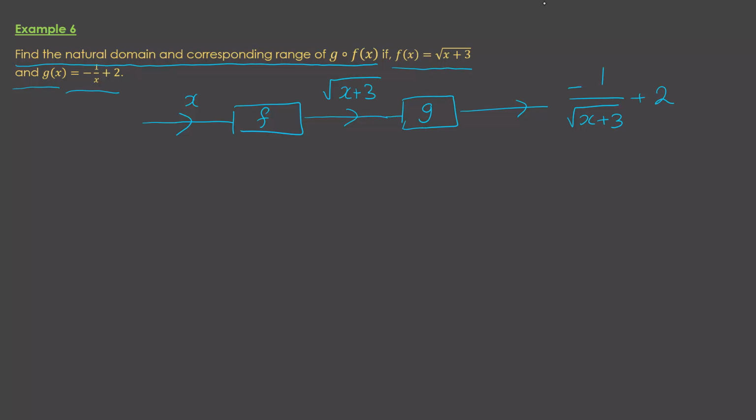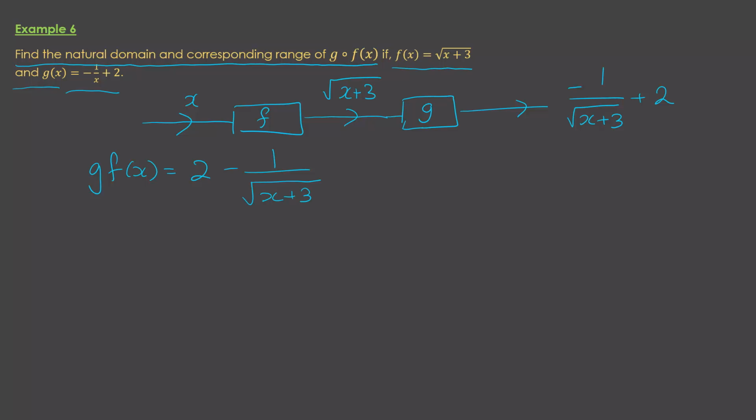So we might write that as g of f of x is 2 take away 1 over the square root of x plus 3.